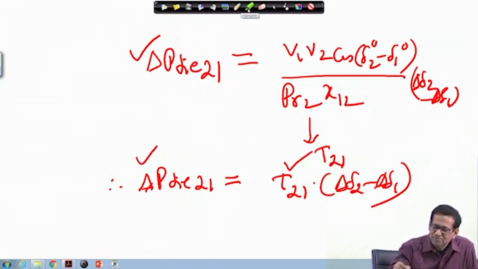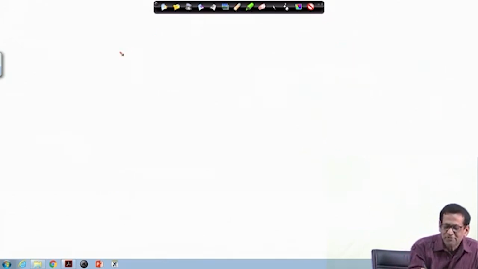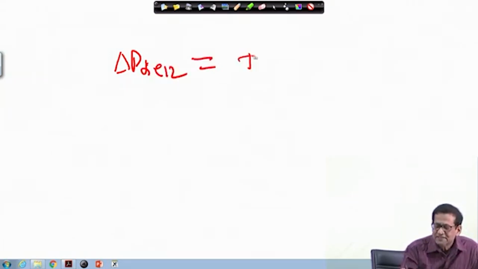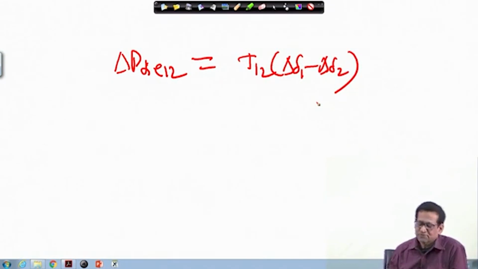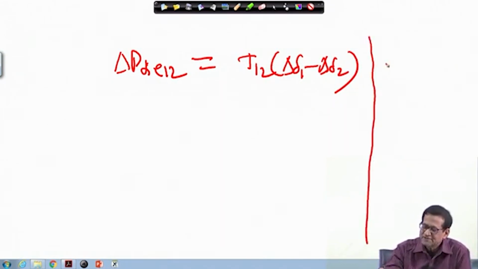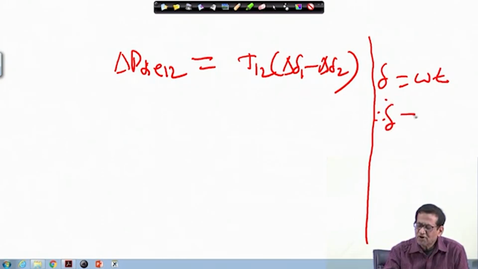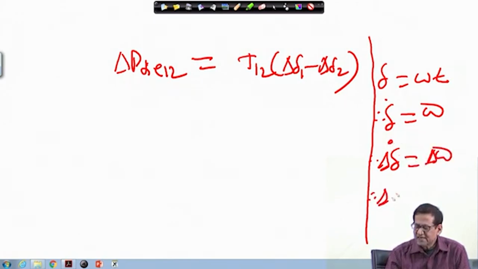But everything is in per unit. Now, the first one: when we write the expression ΔP_tie12 = T12 (Δδ1 − Δδ2), we know that in general δ is equal to ωt. Therefore, δ dot is equal to ω, or Δδ dot is equal to Δω, or Δδ dot is equal to 2π Δf. Therefore, Δδ is equal to 2π integral of Δf dt.